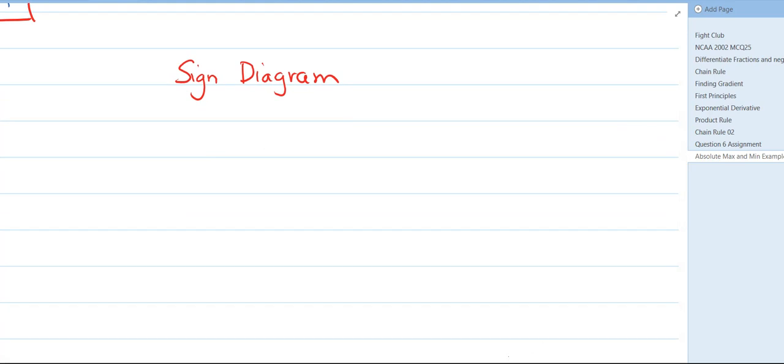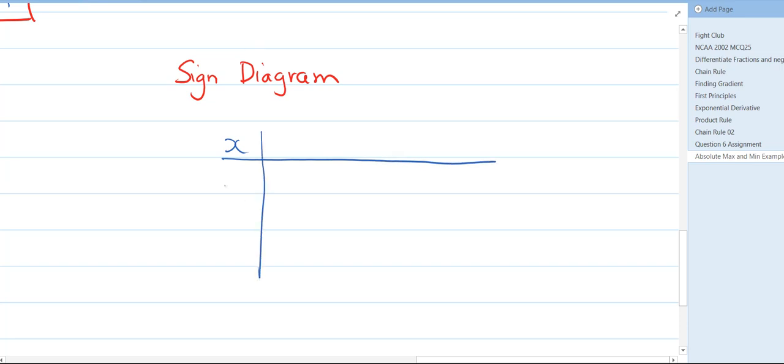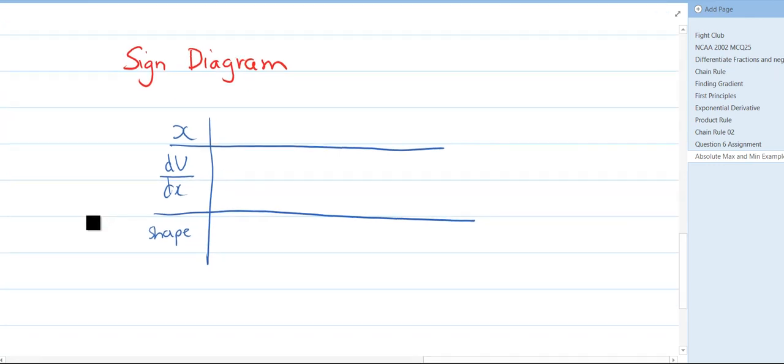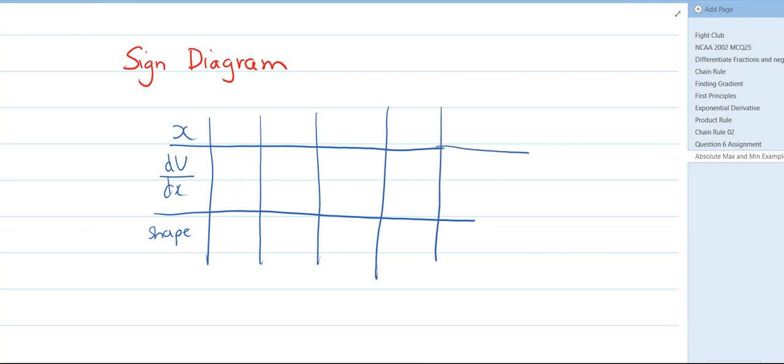Well, you're going to label like this, okay? You're going to write out x. You're going to write out dv dx, which is the gradient. You're going to write out the shape or visual, what shape of the tangent looks like, okay? Now, let's think about this. I'm just going to draw some columns, just so you can visualize here.